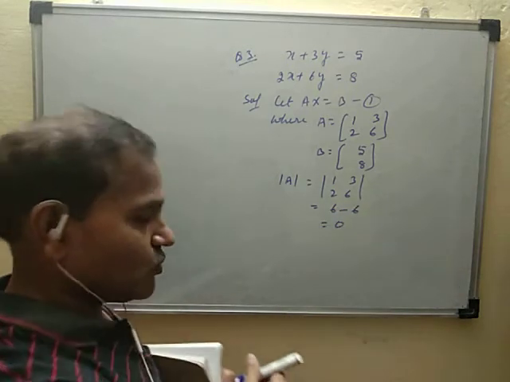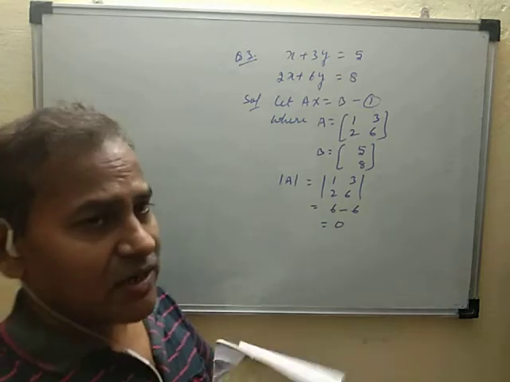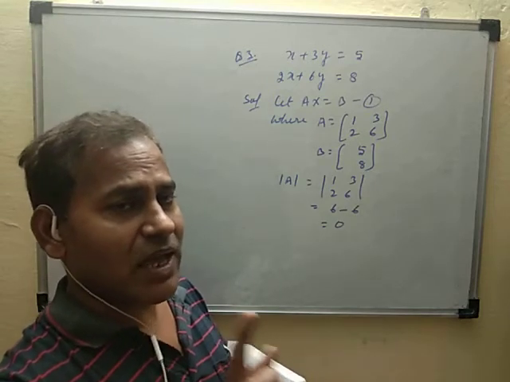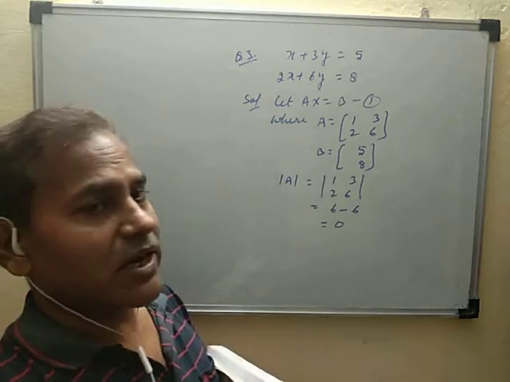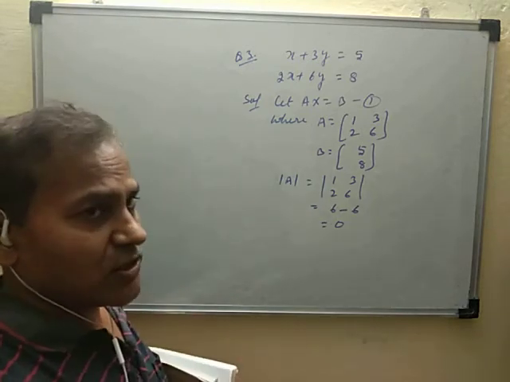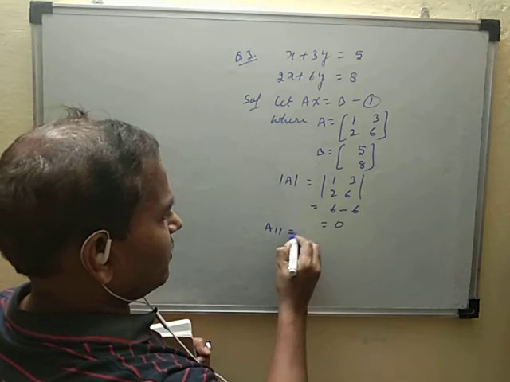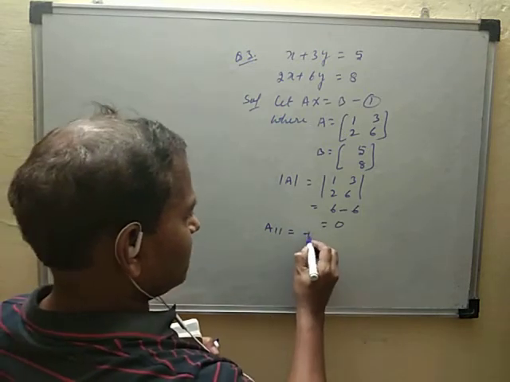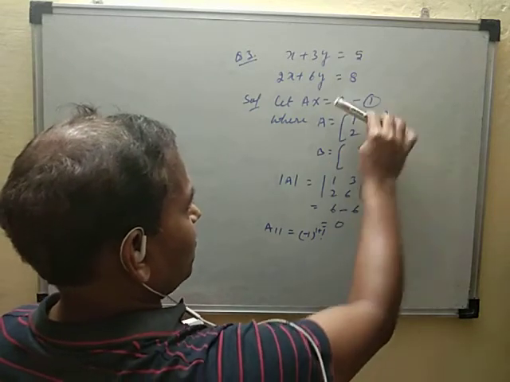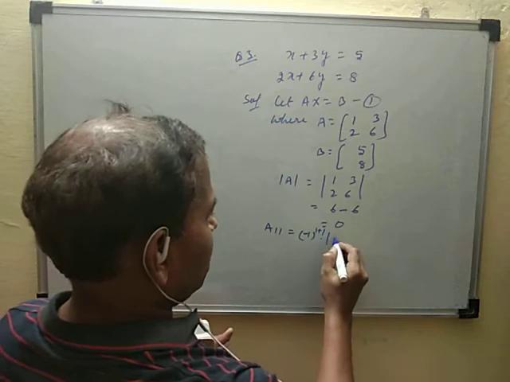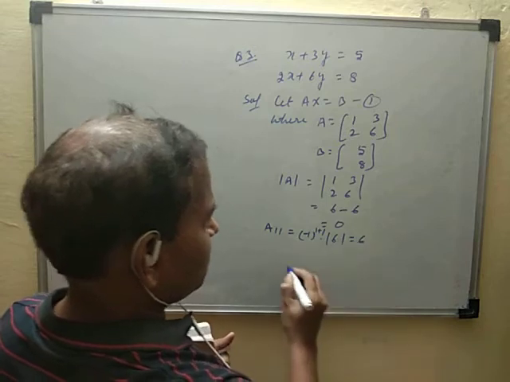The determinant is 0. When the determinant value is 0, then evaluate the value of A into adjoint of A. So now find the adjoint of A. For the adjoint of A, first find the cofactors. So find the value of A11, that is minus 1 to the power 1 plus 1. You delete the first row and first column, so the determinant is 6, that is the value is 6.